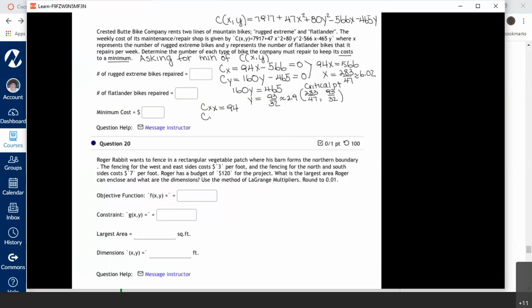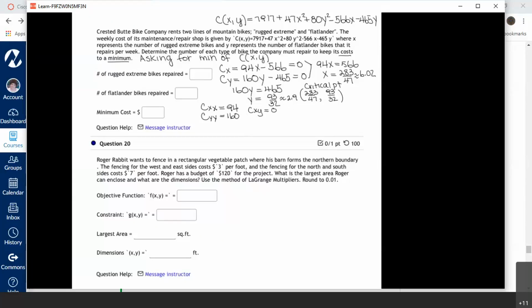If I differentiate C sub Y one more time with respect to Y, I lose the 465, get 160. And then the only thing I need is a mixed partial. You can see there are no Y's in this equation, so this is a constant term and that's a constant term. So my mixed partial derivative is 0.